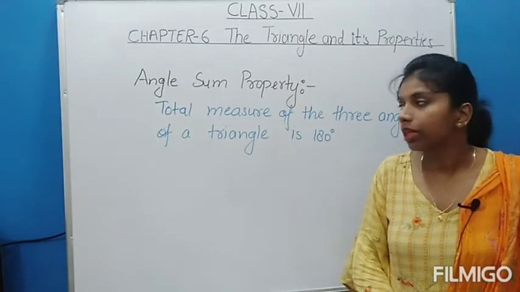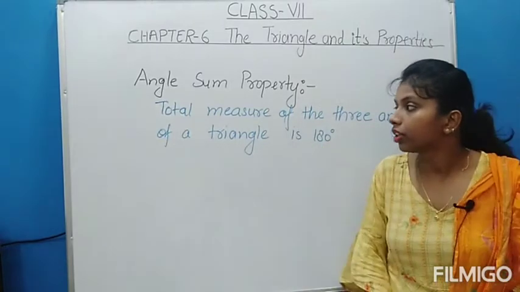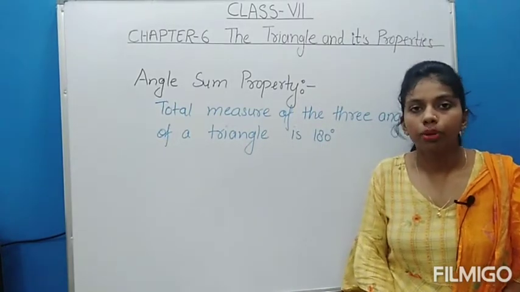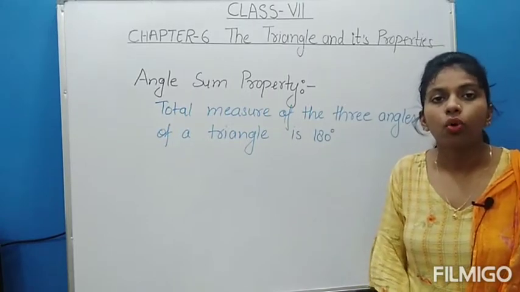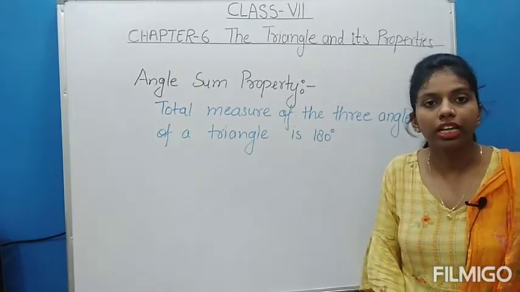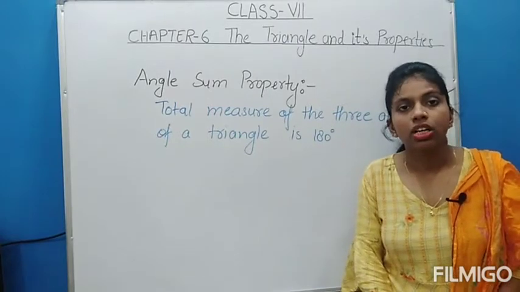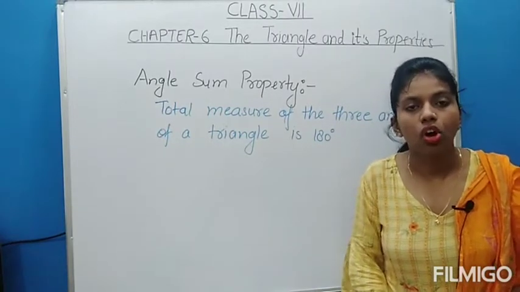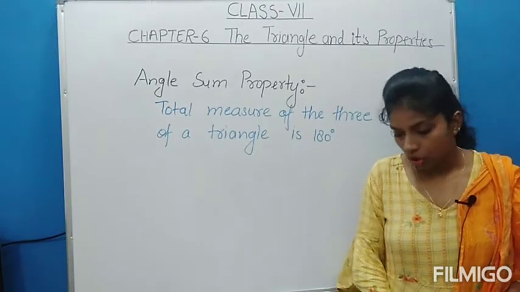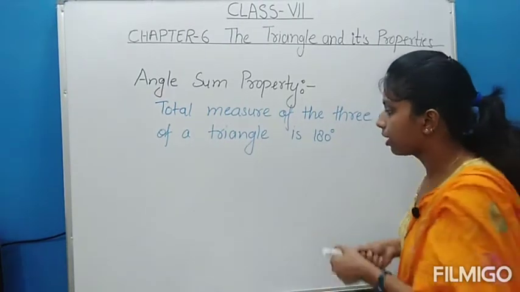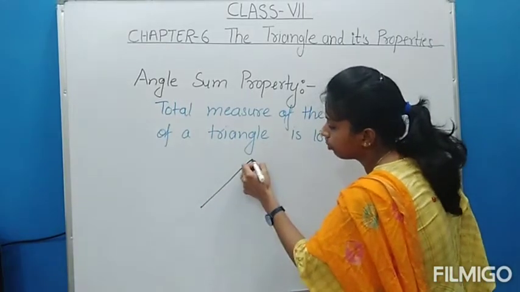This property name is angle sum property. According to this property, the total measure of the three angles of a triangle is 180 degrees, or we can say that the sum of all angles of a triangle is equal to 180 degrees. So let's see with an example. Suppose this is a triangle PQR.